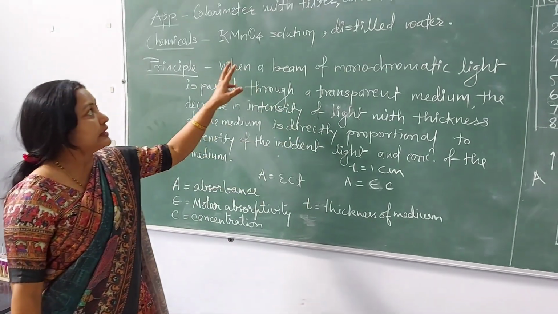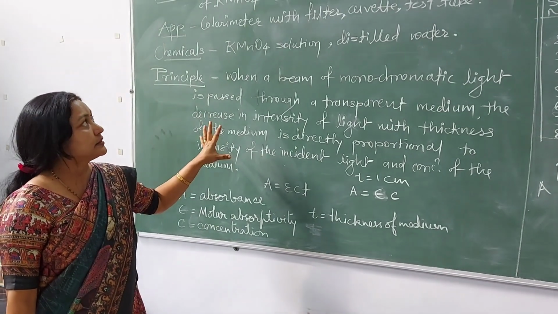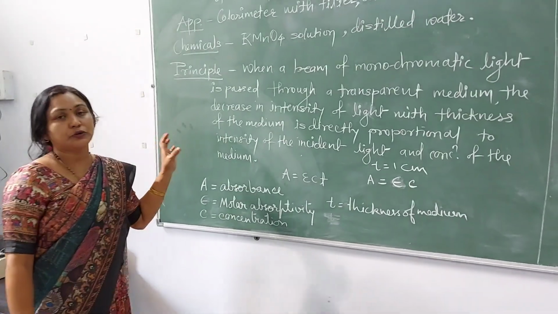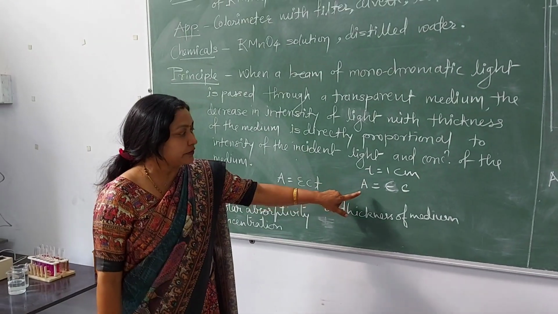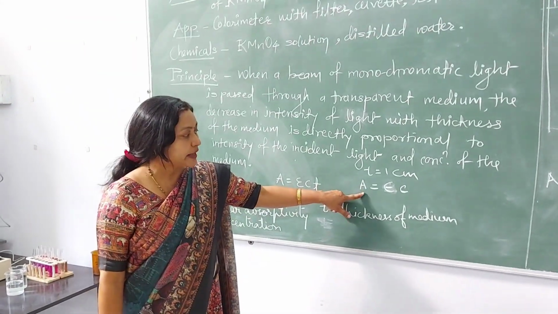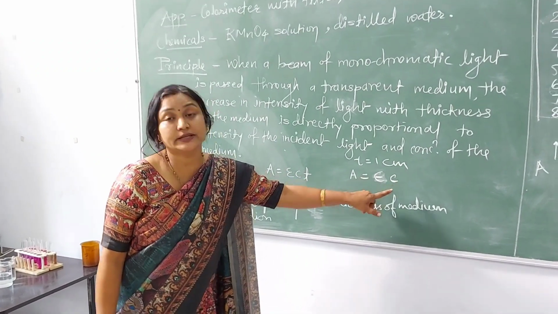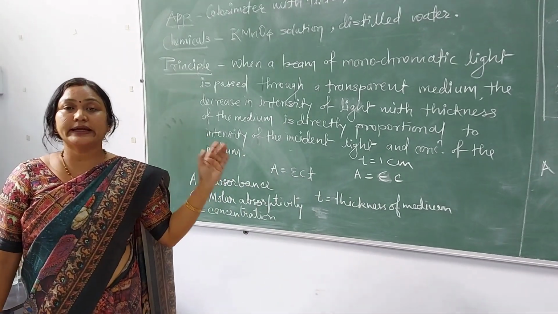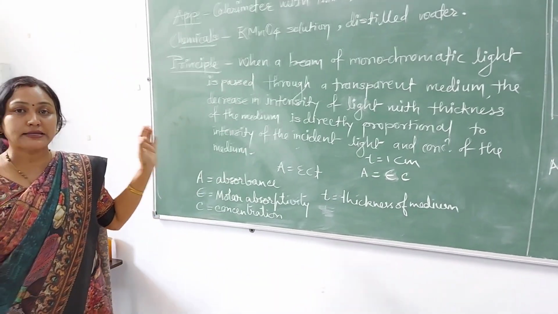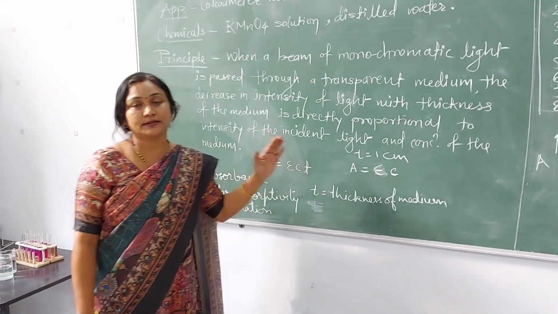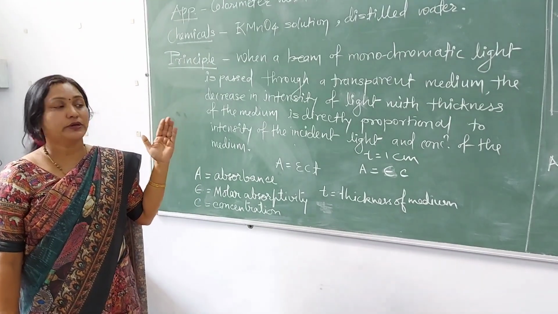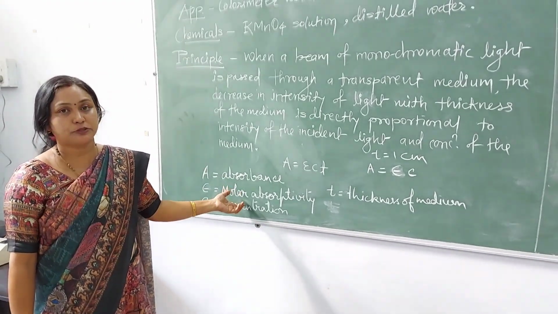So to verify Lambert-Beer's law, if we plot a graph between absorbance and concentration, we should get a straight line passing through the origin and the slope of that graph should be equal to ε, that is molar absorptivity.